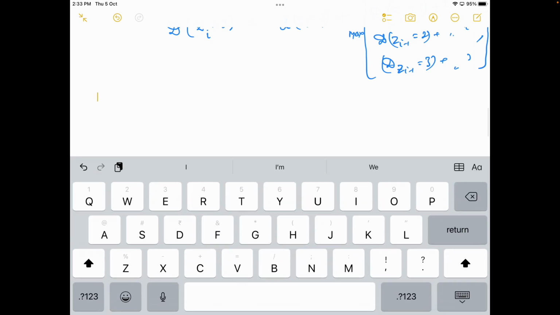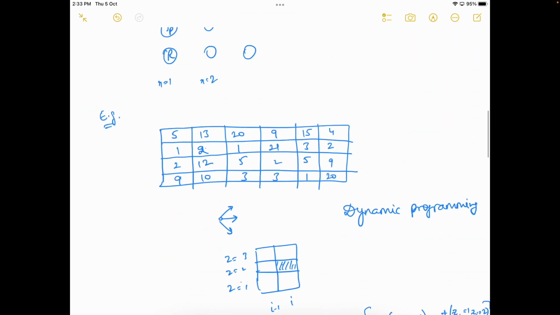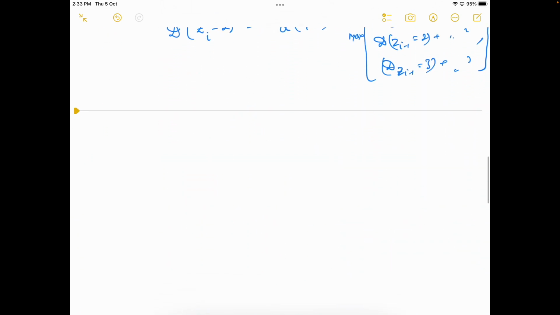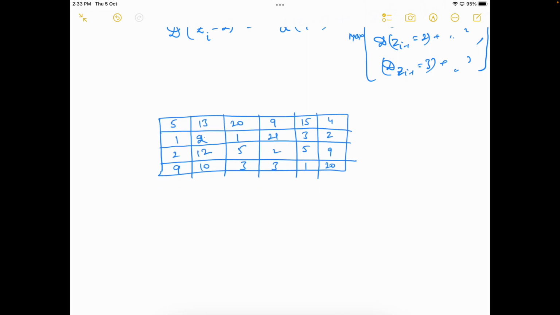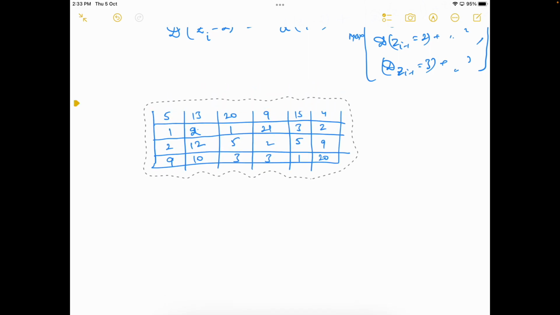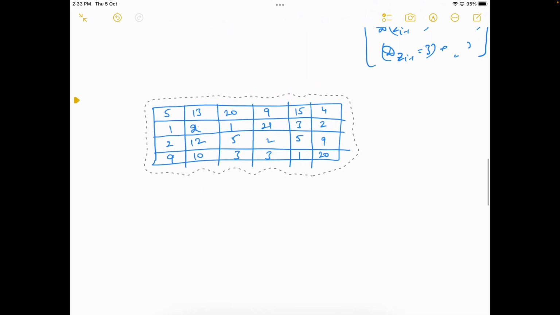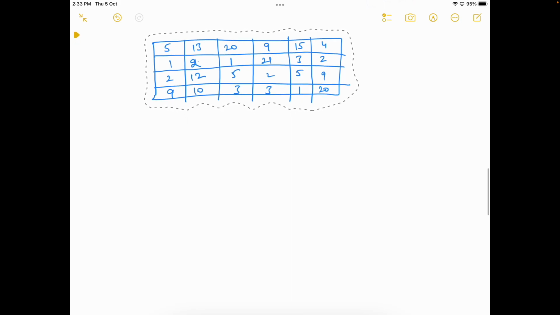How do I paste? Paste. Okay. Okay, so this is the problem.